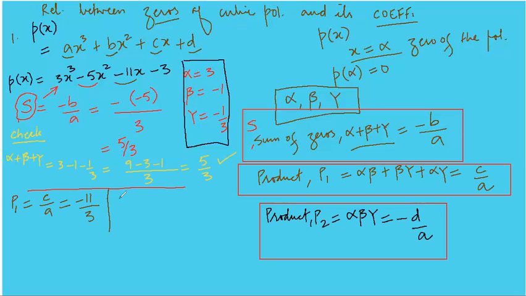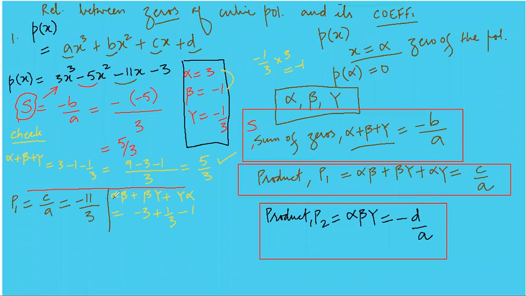Let's say P1 is equal to alpha beta plus beta gamma plus gamma alpha. So that is equal to alpha into beta, 3 into -1 is -3. Right. Then -1 into -1 by 3 is 1 by 3. -1 by 3 into 3 is -1. See, -1 by 3 into 3 is equal to -1.